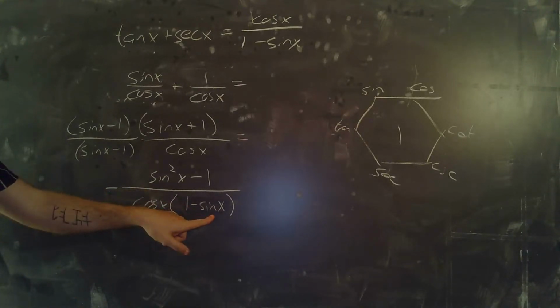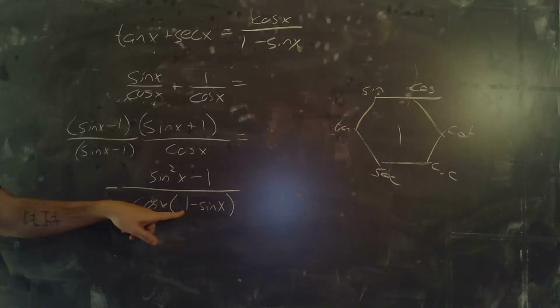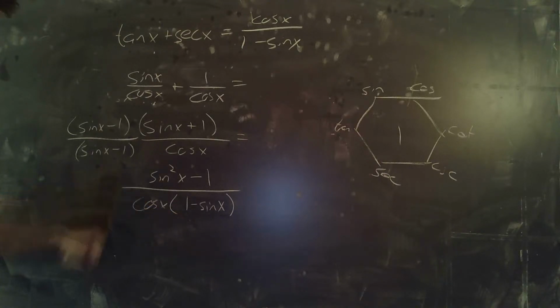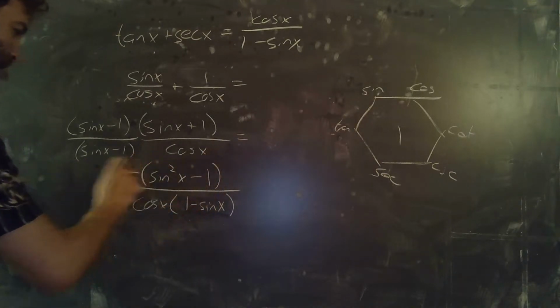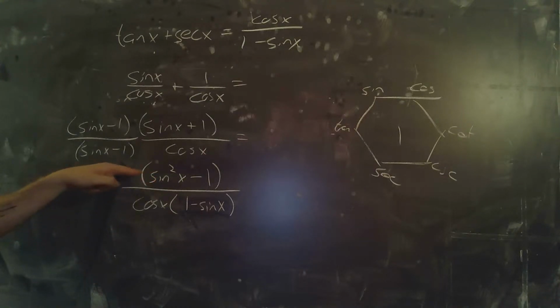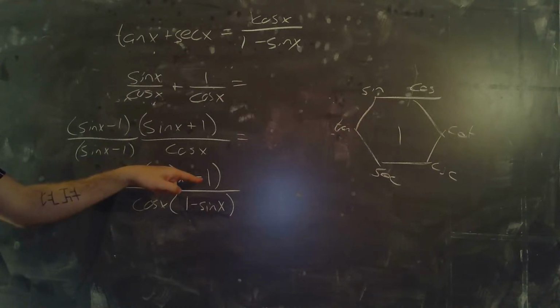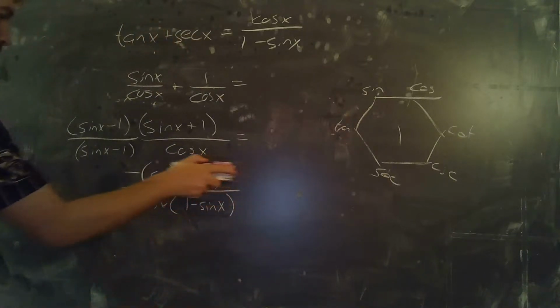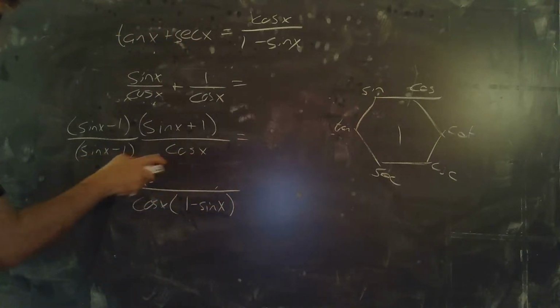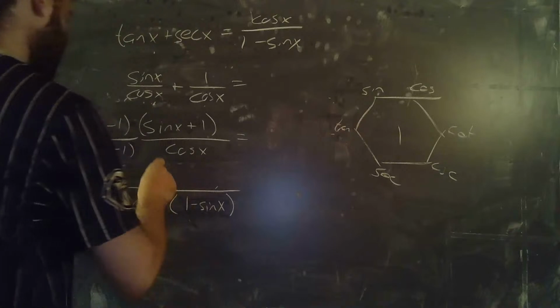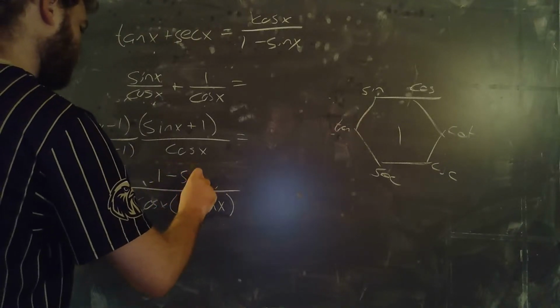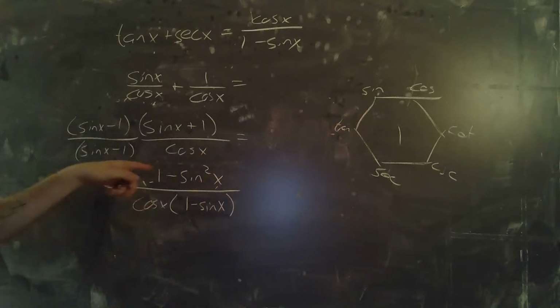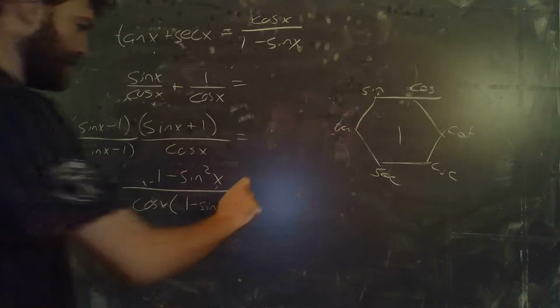So the same trick we did down here where we factor a negative out, we can distribute that negative into another place. If I apply the negative to the top, that'll say negative sine squared, and that'll say plus 1. So that lets me flip around my top identity so that it is actually a Pythagorean identity.